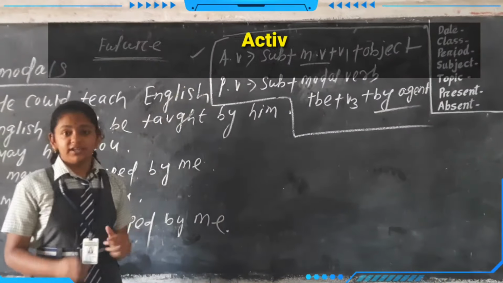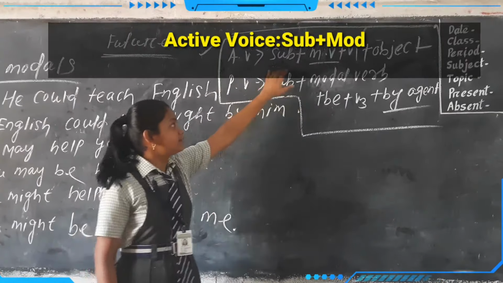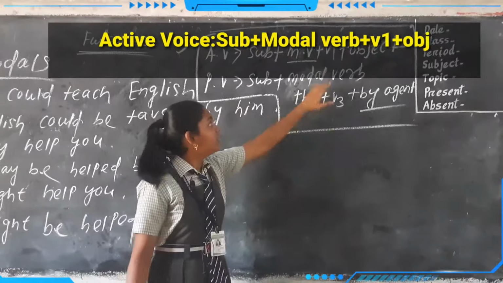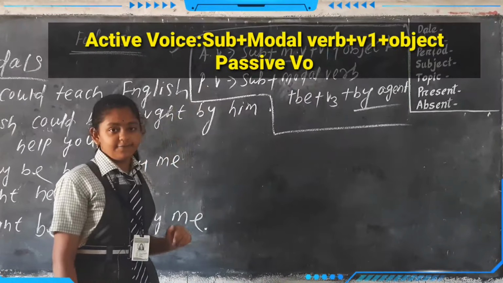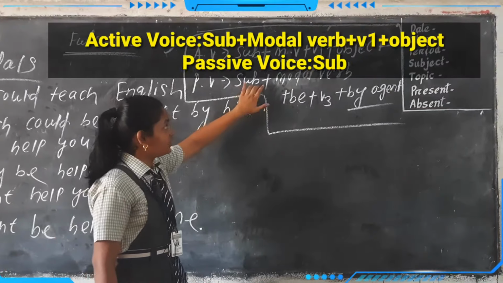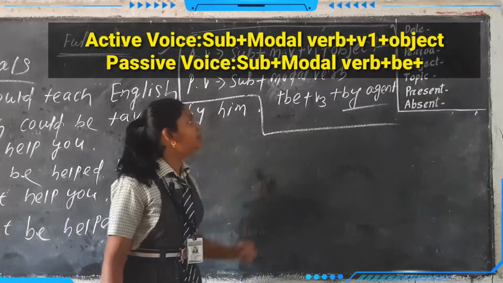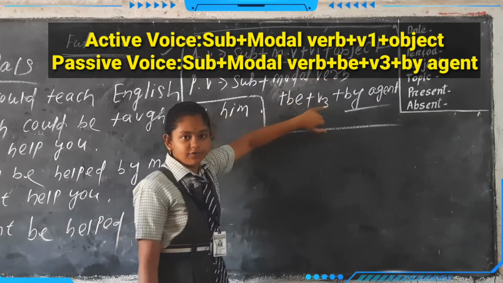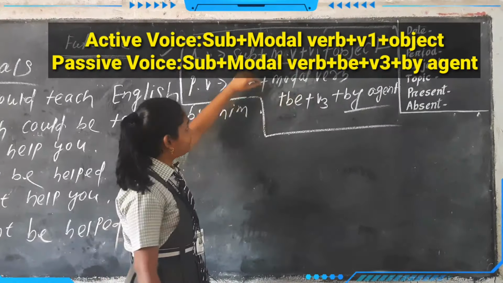So here is the structure that you need to remember. In the active voice, the structure is subject plus modal verb plus verb 1 plus object. Verb 1 means the first form of the verb. In the passive voice, the structure is subject plus modal verb plus be plus verb 3 plus by agent. So here the changes are verb 1 becomes verb 3 and be is added.